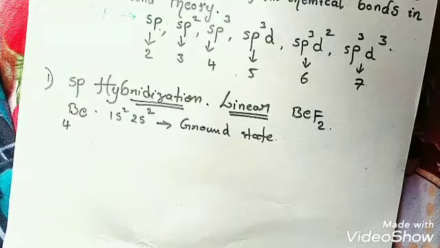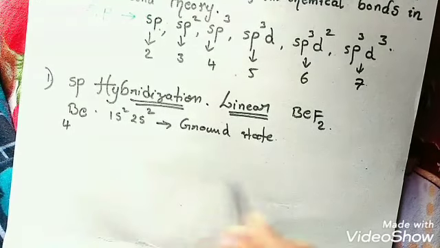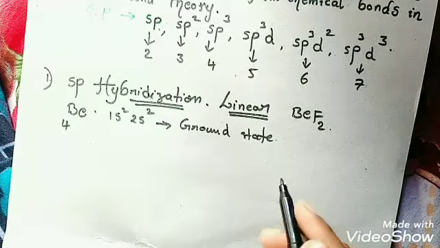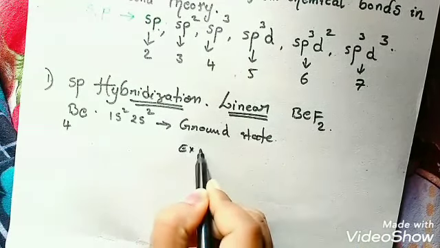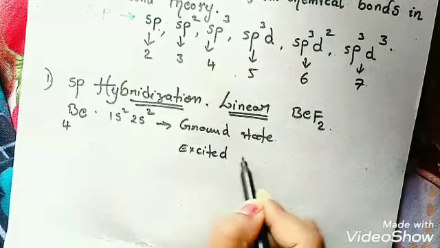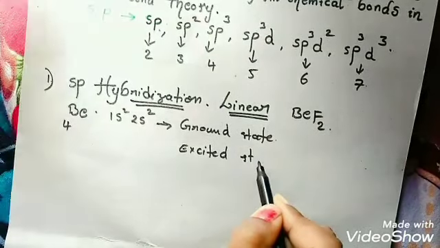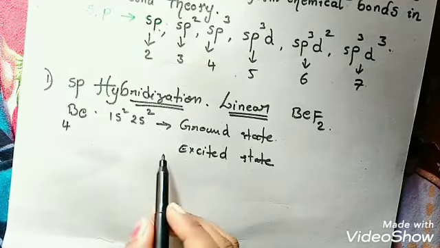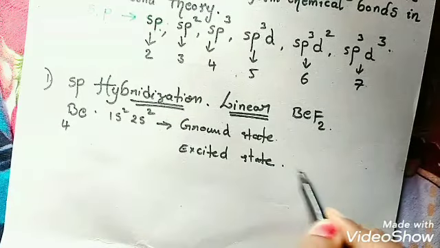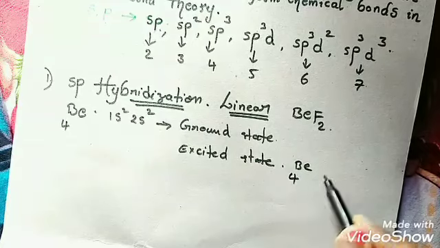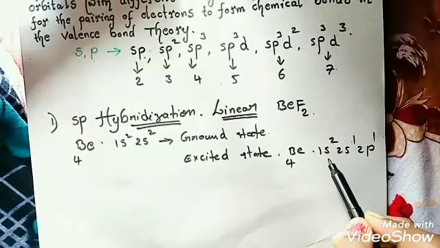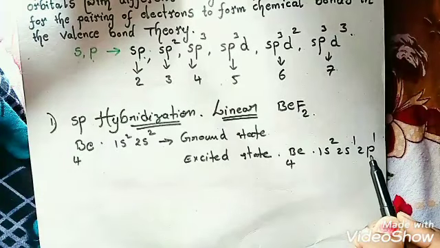And students, for this beryllium, another state of electronic configuration also is there, that is excited state. Excited state of electronic configuration, that is beryllium 4, 1s2, 2s1 and 2p1.